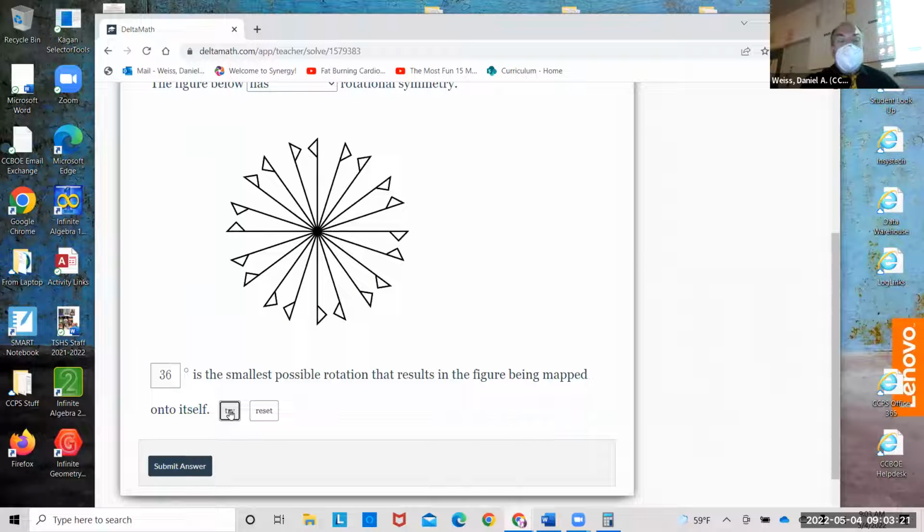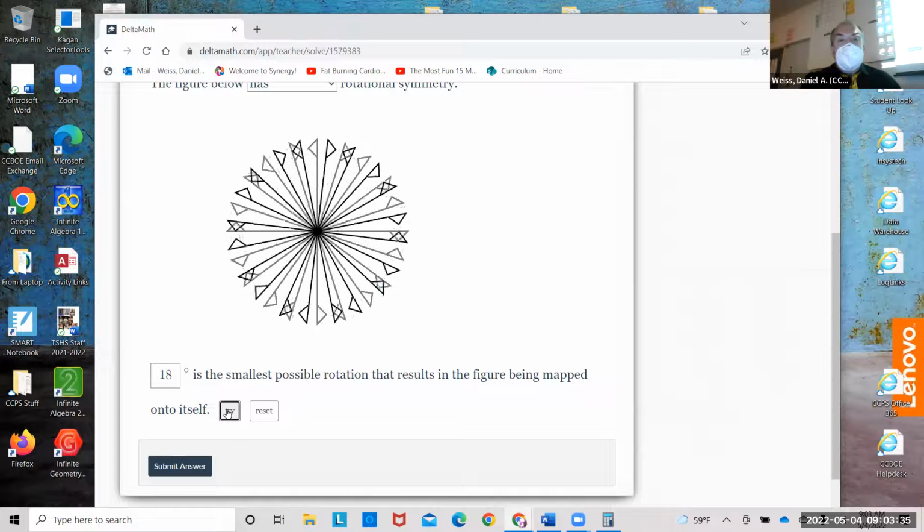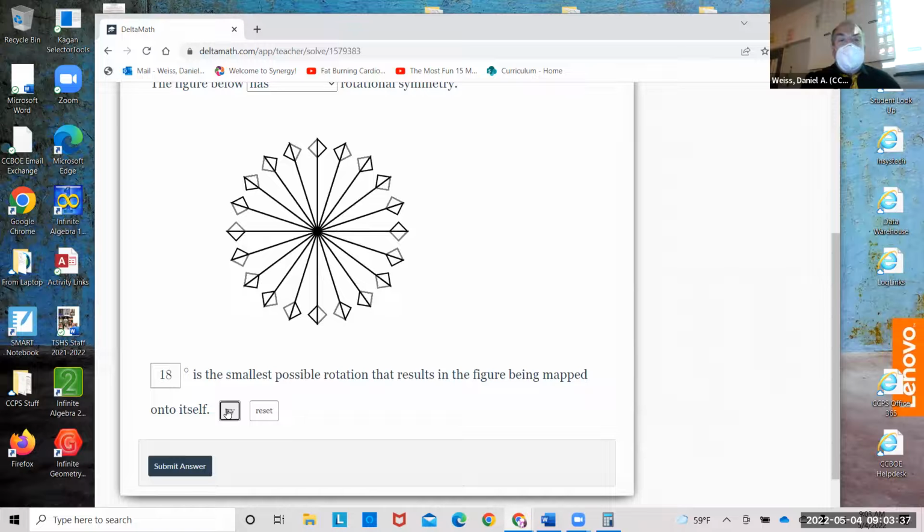Just like that. Okay. If I tried to say, well, there's 20, that would be 18 degrees. Look what happens after 18 degrees. It's cute, but that's not rotational symmetry there. Okay. It doesn't map onto itself. You got to go 36.